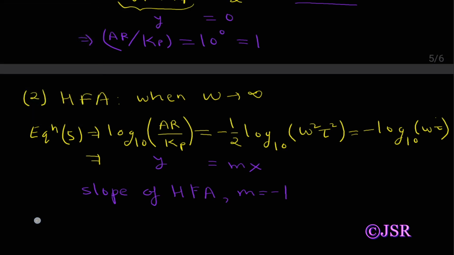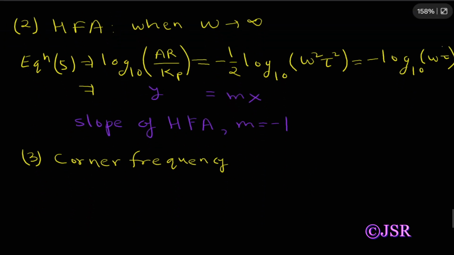Now next, rule number 3. For a first order system, we have to find out the corner frequency. So we have one first order system. So we will have when omega tau equal to 1.